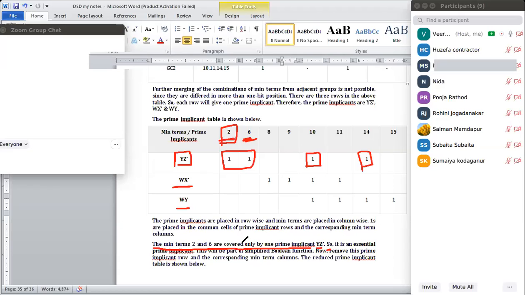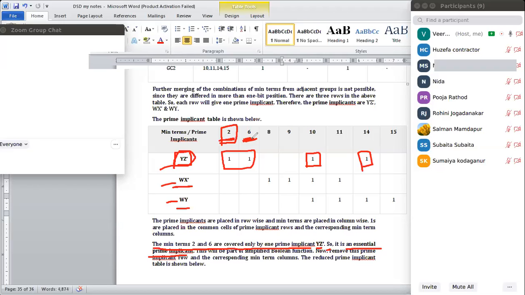So how is it covered? By only one prime implicant. So these two are essential prime implicants. The prime implicants are YZ bar, WX bar, and WY, and the minterms 2 and 6 are essential.